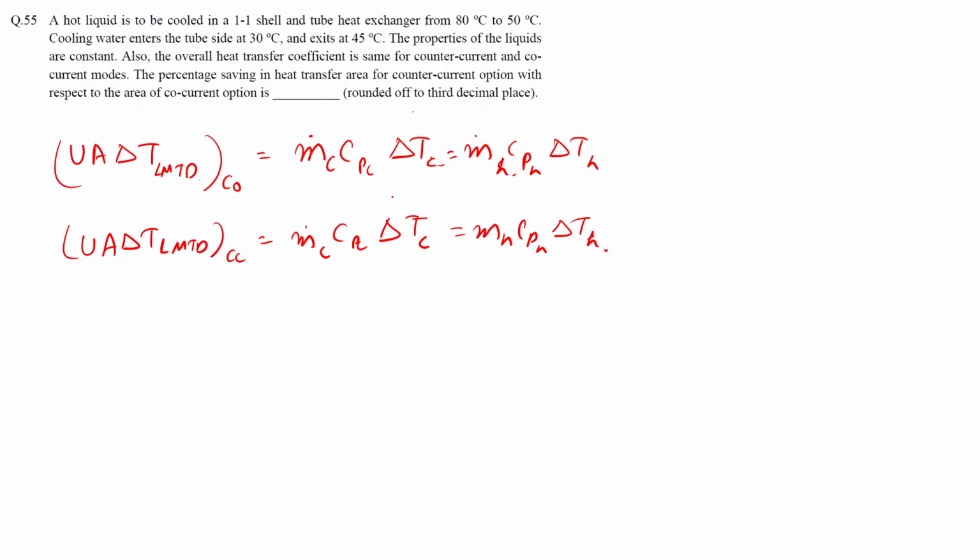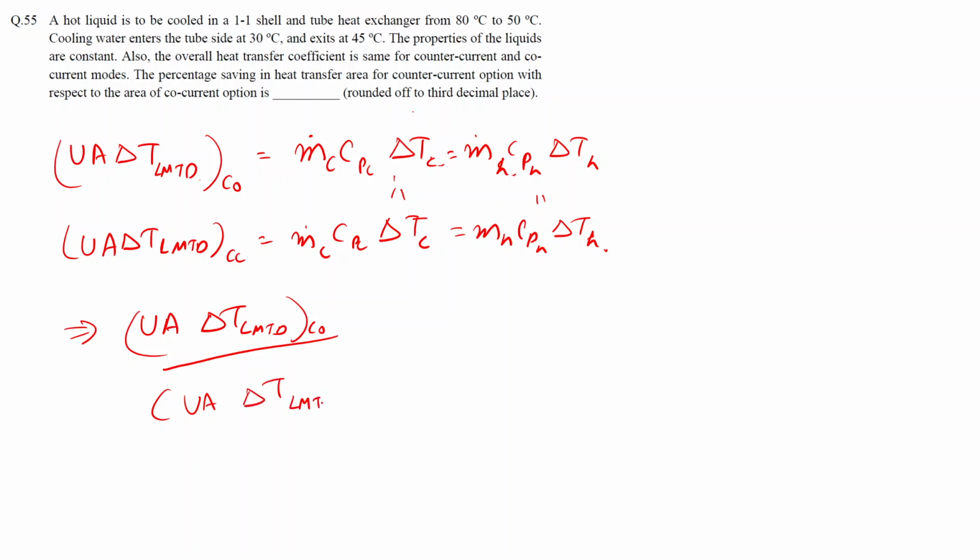So ultimately this term is equal to this term, and this hot term will be equal to this term, and we can take the ratio of these equations and write it as UA delta T LMTD co-current flow upon UA delta T counter current flow. So ultimately these two terms will remain same, that this will become 1.